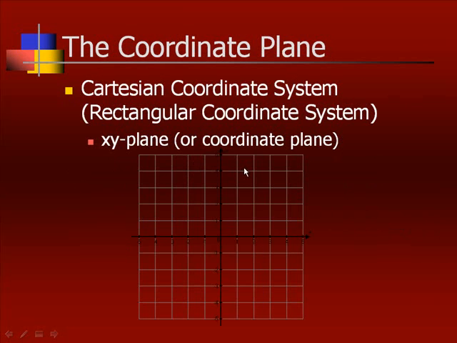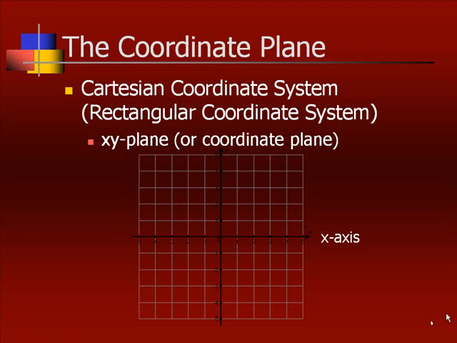When we graph with 2 variables, or when we start graphing equations, we're not going to use the number line to show the real numbers. We're going to use the Cartesian coordinate system. Sometimes you'll hear it referred to as the rectangular coordinate system. Instead of a number line, we have an XY plane, or the coordinate plane.